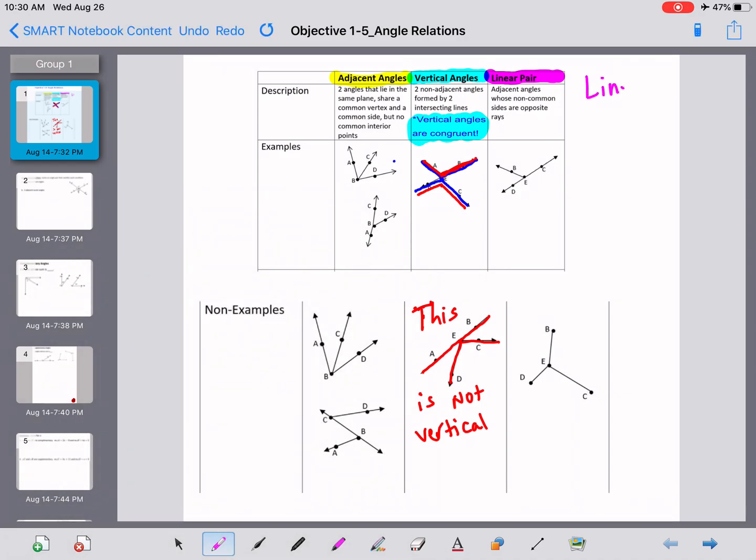Well, it's got that word line in it. So a linear pair is going to be two angles that make a straight line. So we can see that this angle over here and angle number 2, if we were to put those together, they would make a straight line. So that's a linear pair.